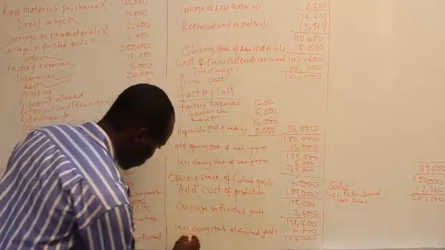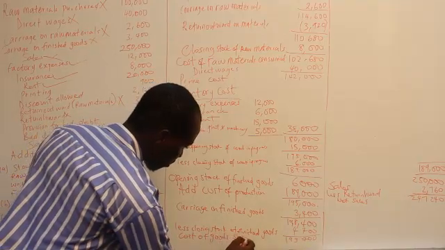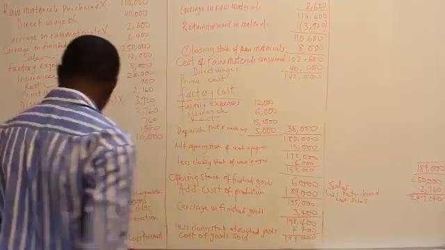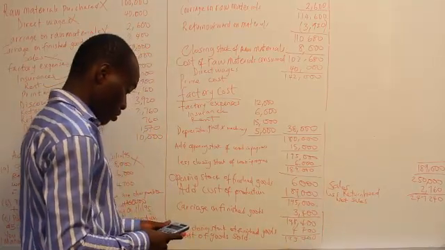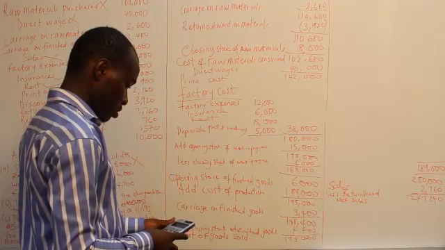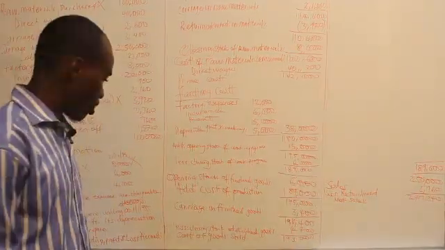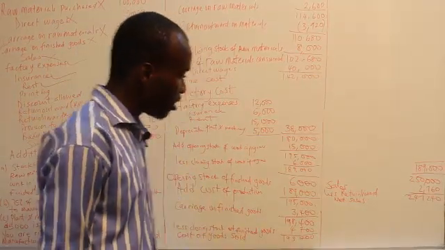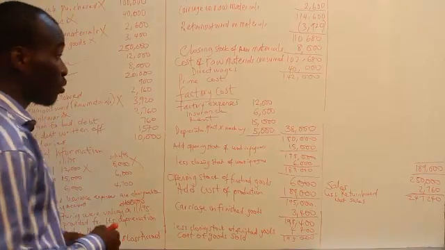So we have cost of goods sold, which is this. The net sales now gives us our gross profit, so let's determine the gross profit.